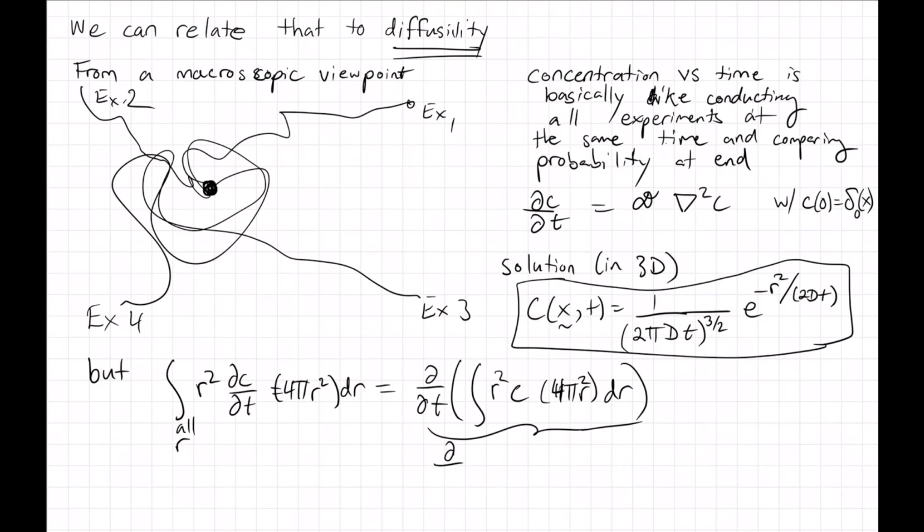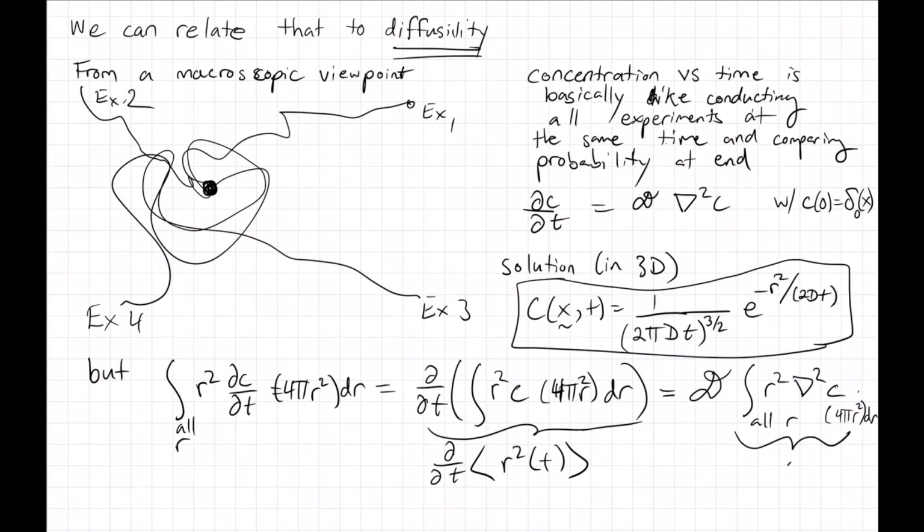Then I'll recognize that the thing on the inside of the integral is the ensemble average of R squared, or roughly equivalent. I can do the integral on the right hand side, which involved the Laplacian and didn't have any time derivatives in it in the first place. If you work through all the math, that integral turns out to be a non-dimensional number, which is equal to 6.